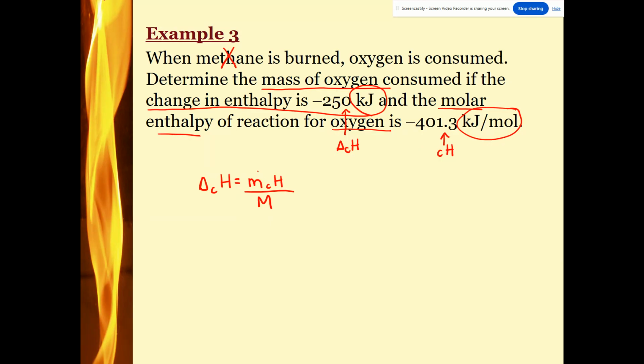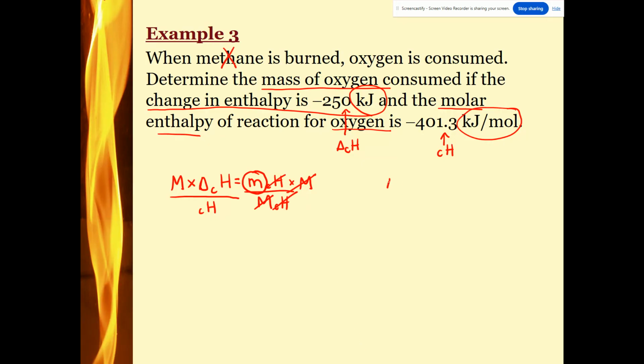If I want to rearrange and solve for my mass, I need to first get rid of the molar mass on the bottom. So I multiply molar mass on both sides. That's going to cancel the molar mass. But I also need to get rid of the H. So I divide both sides by the molar enthalpy of combustion of oxygen to get the H to cancel. Okay?